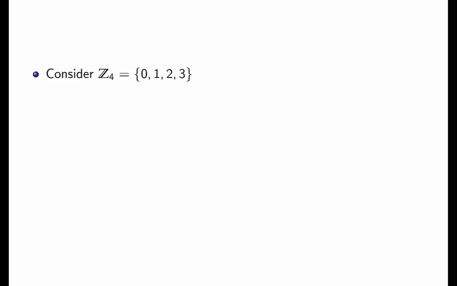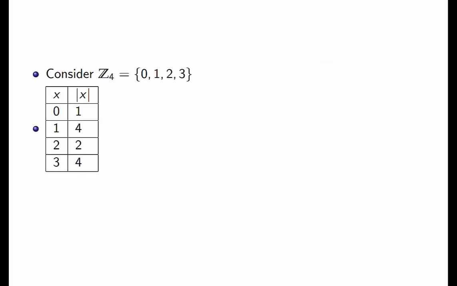Let us consider some examples. Consider the finite group Z4 consisting of elements 0, 1, 2, and 3, which we endow with addition mod 4. So the operation here is addition mod 4. Now, let's look at all of the orders of elements in this group.